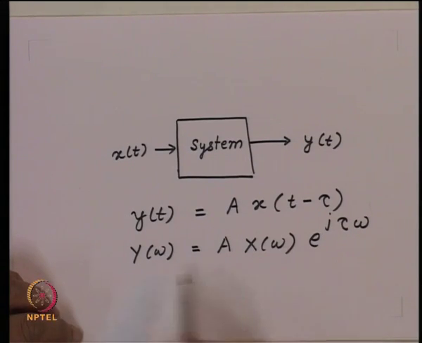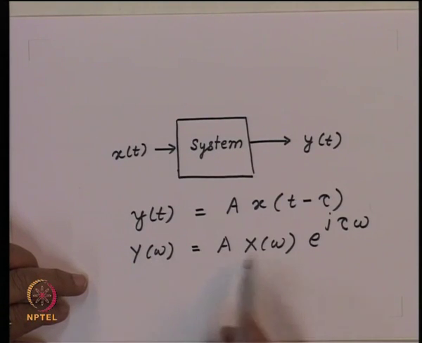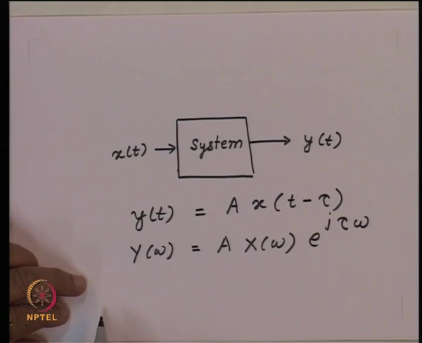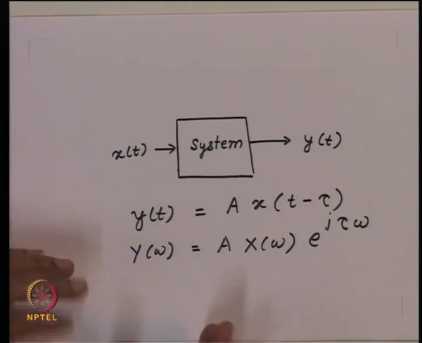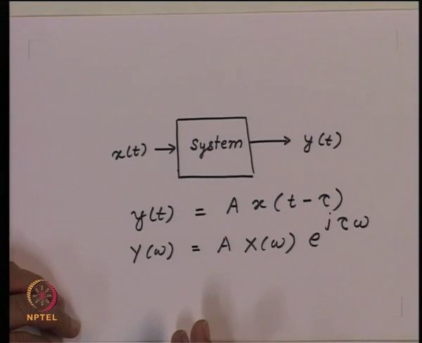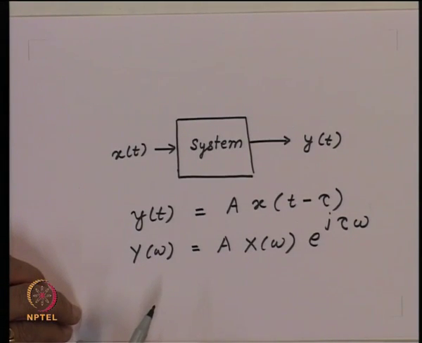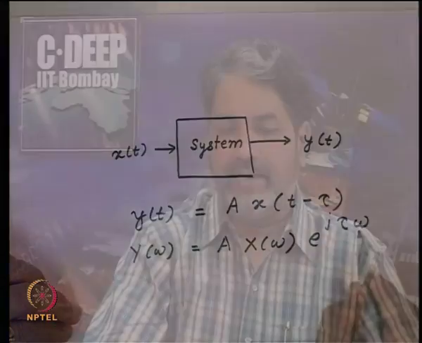What this gives us now then is that the frequency response, which is y of omega divided by x of omega, that is equal to a e to the power minus j tau omega. So, to have a system distortionless, two things have to happen. First is the amplitude response, which is given by this, should be independent of frequency, and the phase response, which is given by this, is linear with frequency.